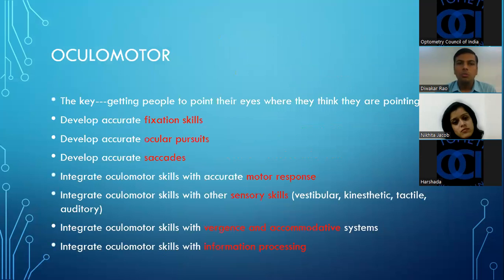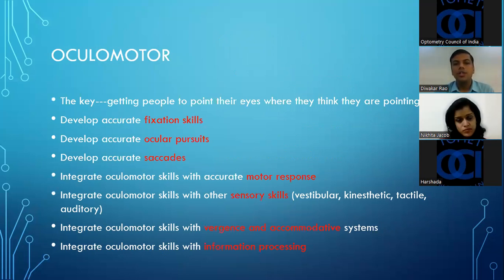Coming to the oculomotor, when we talk about oculomotor, what all do we have to work on? Work on developing accurate fixation skills, accurate pursuits and saccades, integrate oculomotor skills with accurate motor response, then integrate oculomotor skills with the sensory skills.